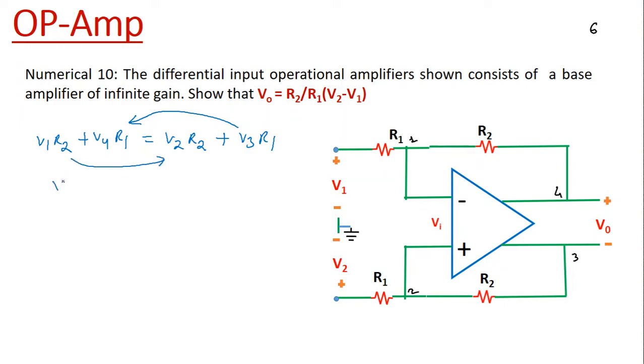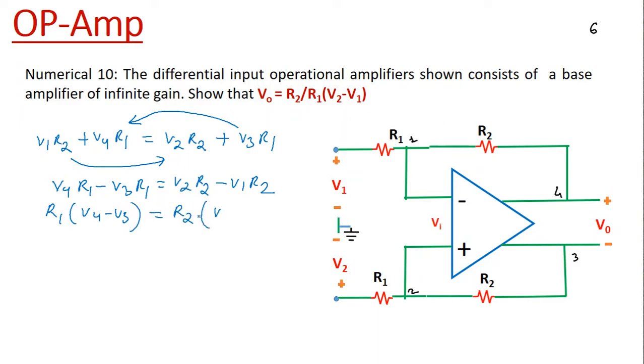So we get V4 R1 minus V3 R1 is equal to V2 R2 minus V1 R2. Now we take out R1 common here, R1 into V4 minus V3 is equal to R2 common here, R2 into V2 minus V1.